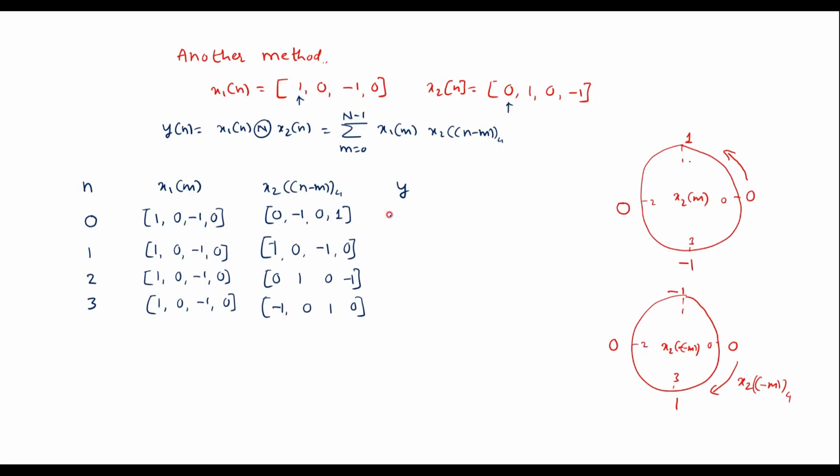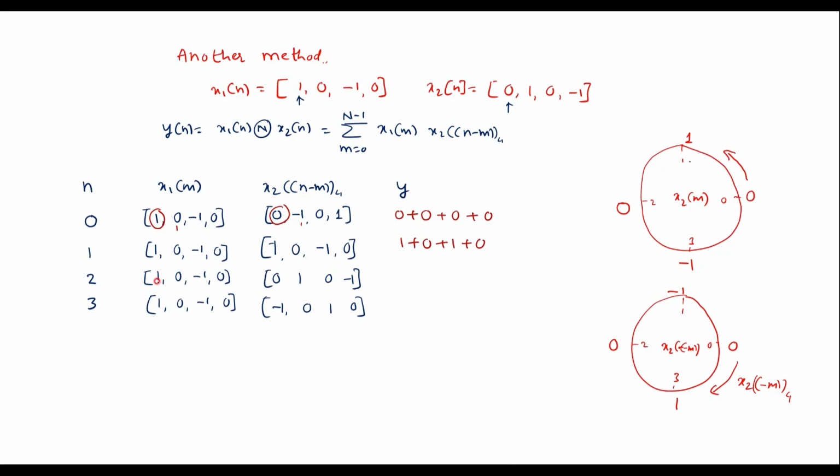Now to get the value of y, we are supposed to multiply the corresponding values. This value is multiplied with this: 1 into 0 is 0, plus the second value multiplied with the second value, 0 into -1 is 0. Similarly, third value with third value, that is 0, plus 0 into 1 is 0. Similarly for the second row: 1 into 1 is 1, plus 0 into 0 is 0, minus 1 into minus 1 is plus 1, 0 into 0 is 0.